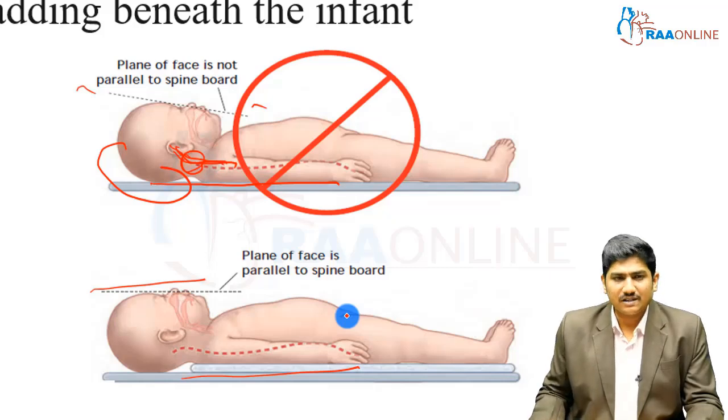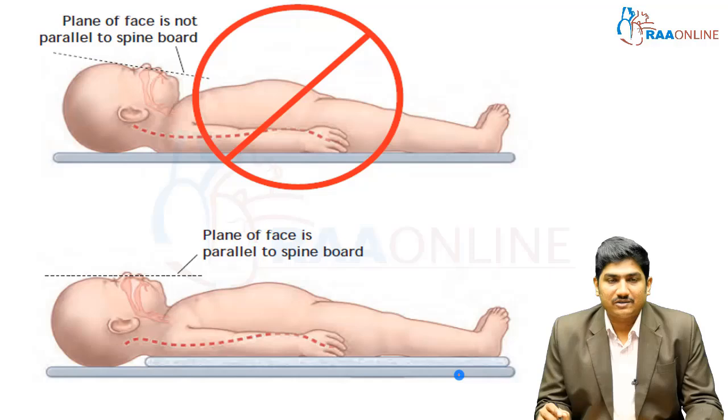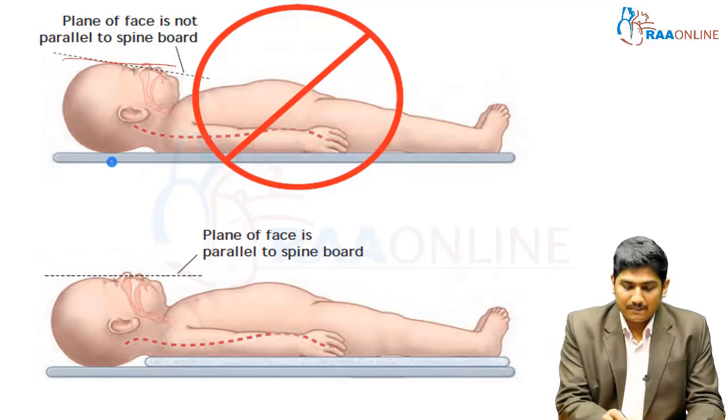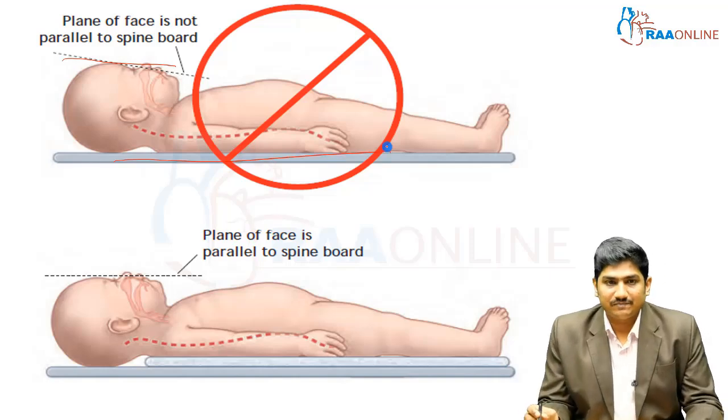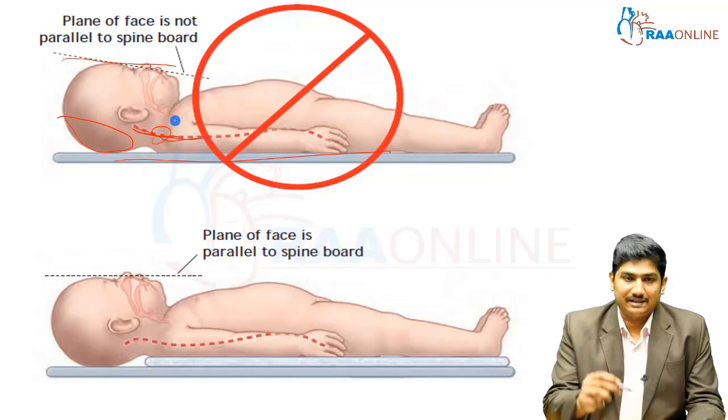So placement of a 1-inch layer of padding beneath the infant or toddler's entire torso is done. This is the image which I was speaking about. See, this is the plane of the midface, this is the plane of the table. Because the occiput is very large, there is passive flexion at the level of the cervical spine, and the posterior pharynx buckles anteriorly.